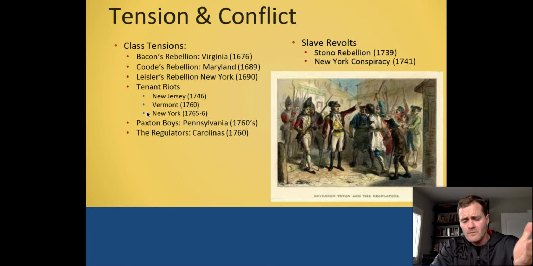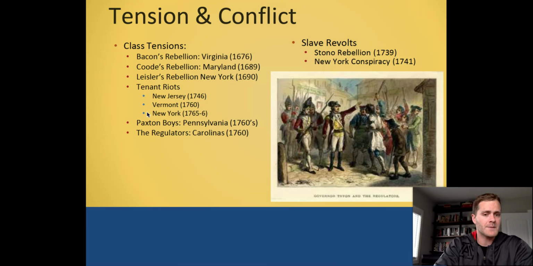And then we also see the resistance by slaves to the new system of labor post Bacon's Rebellion. The Stono Rebellion is very much worth noting in the late 1730s in South Carolina. As slaves rebel, again, they're going to follow a pattern oftentimes like the Native Americans. Short-term, successful. They're going to exert some power over their white captors.